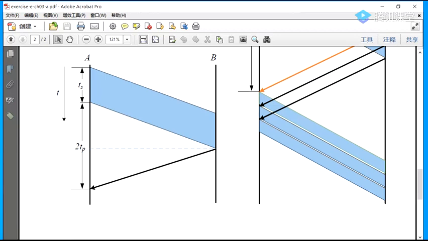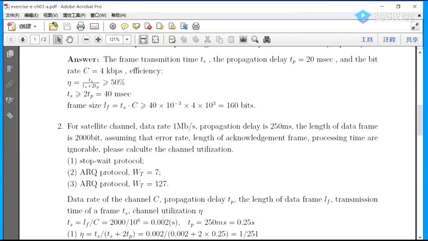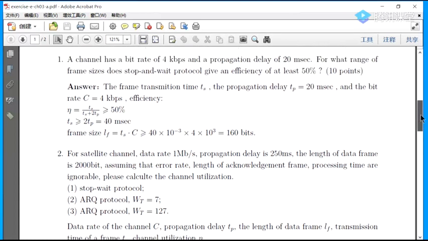So the total cycle is TS plus 2TP, and the efficiency is TS divided by TS plus 2TP. That is why we use this equation for eta.